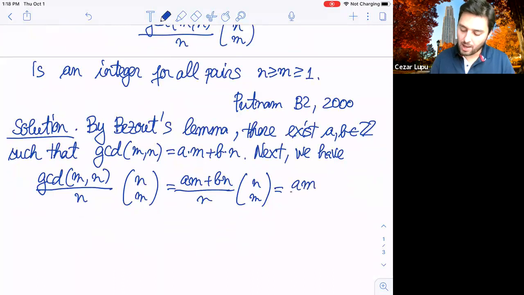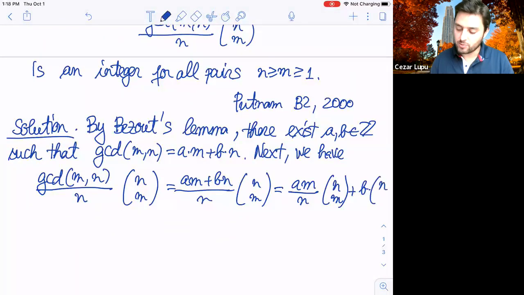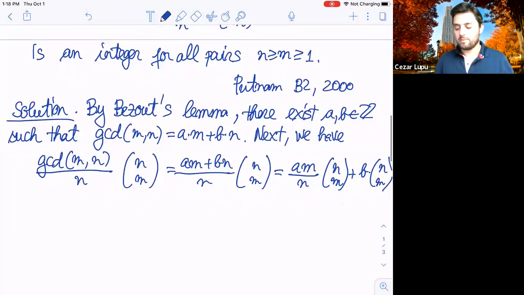So this is am over n times n choose m plus b times n choose m. Well, at this point, clearly b times n choose m is an integer, right?